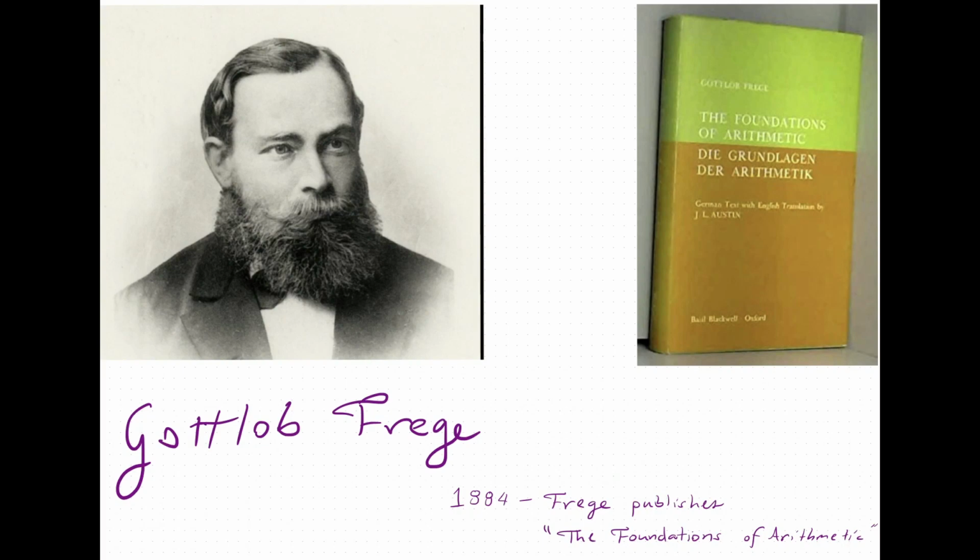And this work had some flaws, and he continued to work on this and build upon it for the next 20 years. In the early 1900s, he began to compile the work that he had done for the past 20 years to publish a second edition of the Foundations of Arithmetic, which patched some of the logical flaws that had been raised and that he had noticed from his original publication in 1884.